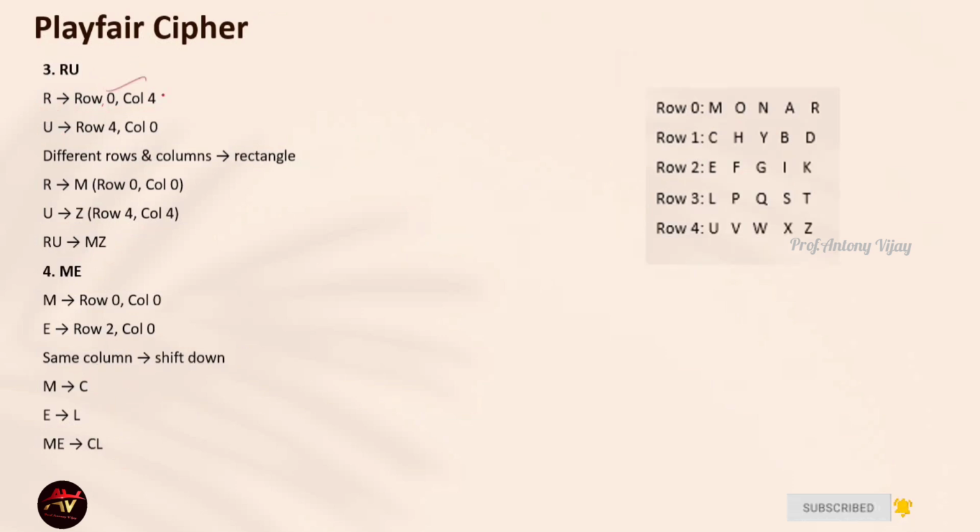Where is RU? R is here and U is here. Both are in different rows and different columns, so we have to use the rectangular rule. The neighbor of R is U, so you apply the same row. Straight to U is M. So instead of R, you use M. Then for U, the neighbor is R, so you follow the same row.